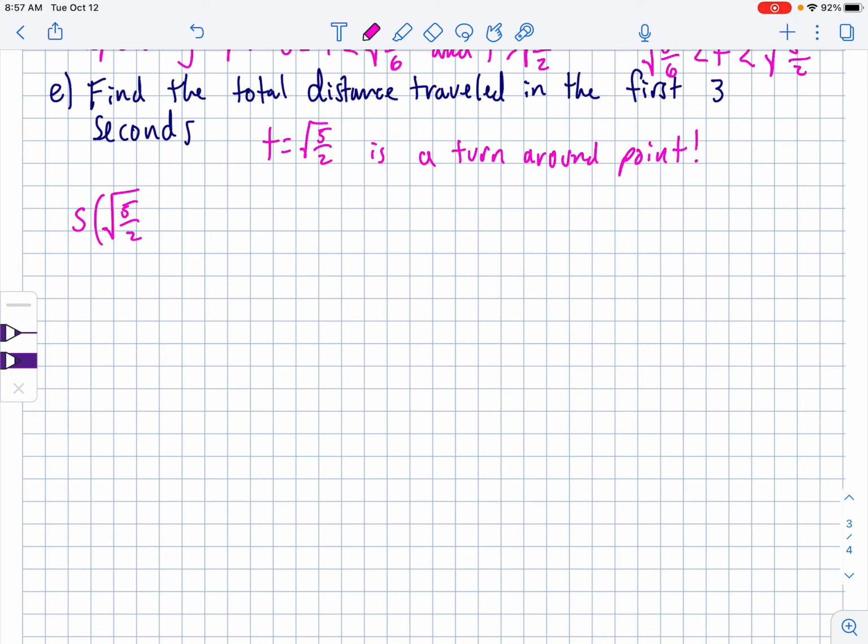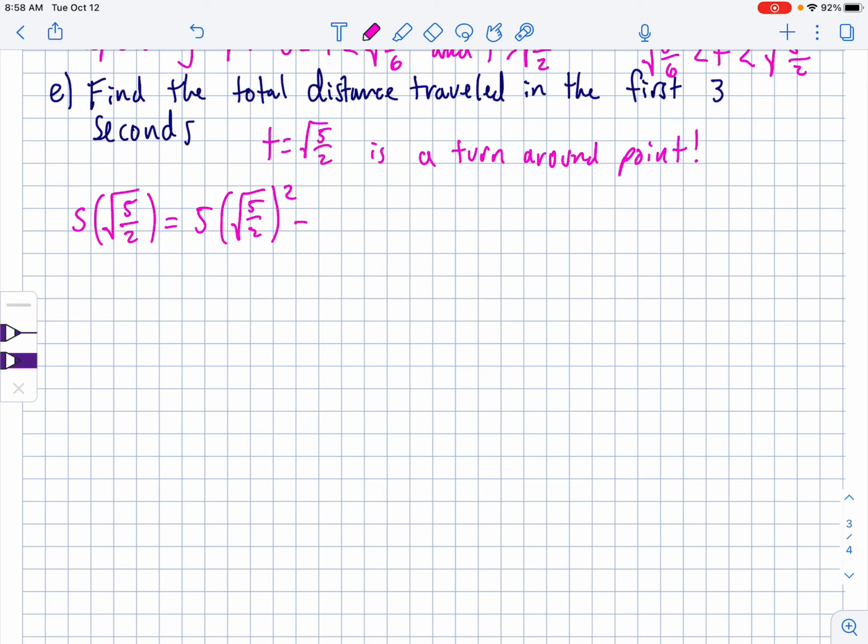So in the OG equation, we're going to do s of root 5 over 2. Okay. Get your 5 right, Jolly. The OG was 5 times t squared minus t to the 4th.